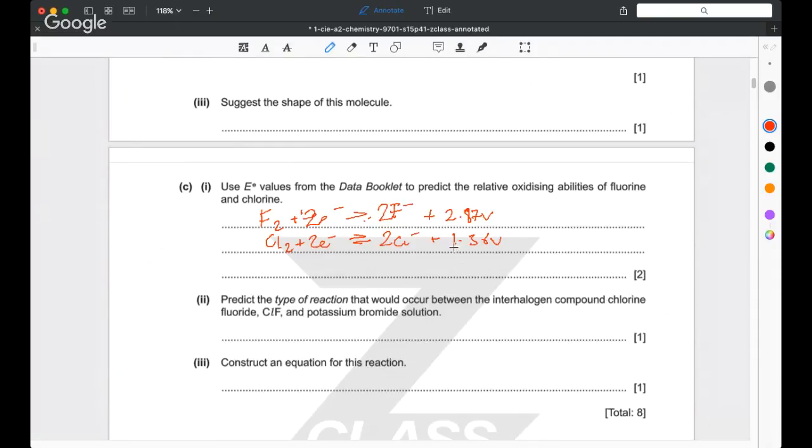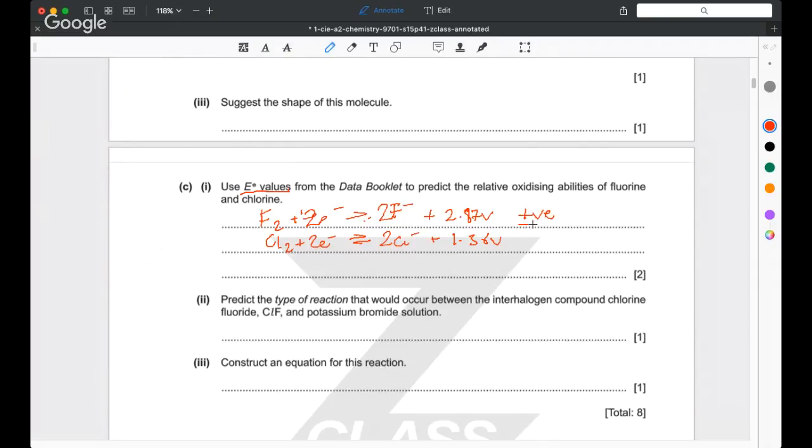Now, the trick with all of these kind of questions is that this value here is an electrode potential. So these are all about how positive an electrode is. And if you compare these 2 electrodes, you can see that this one is more positive than this one. So electrons, which are negative, are going to go to this electrode much more than they are to this one.